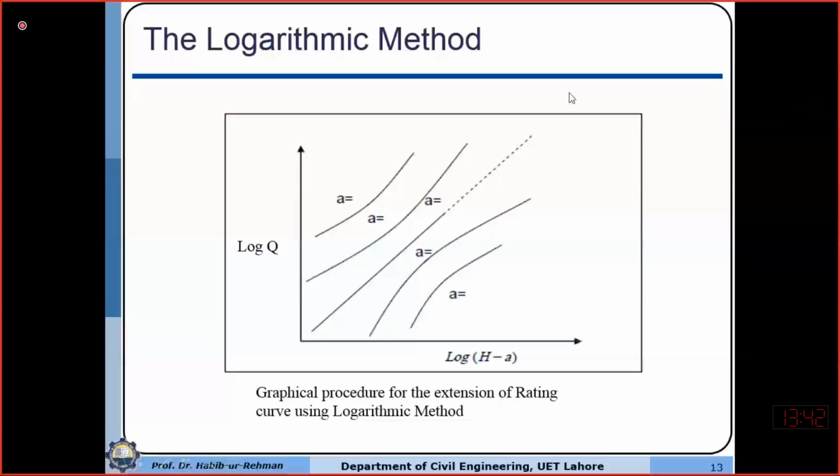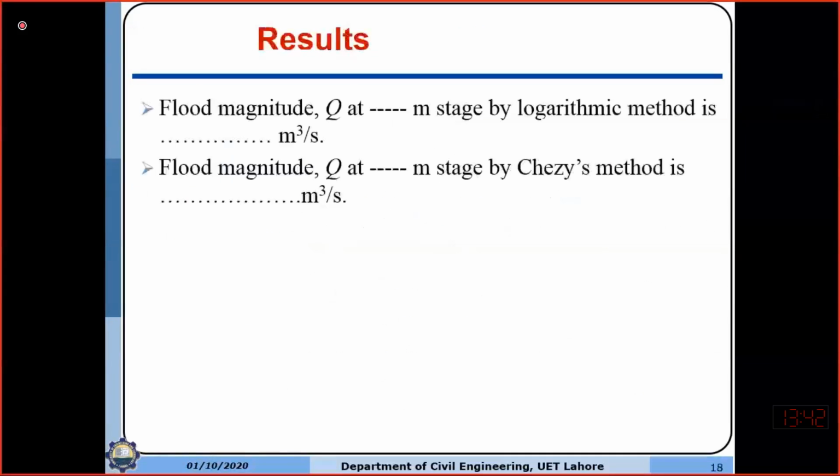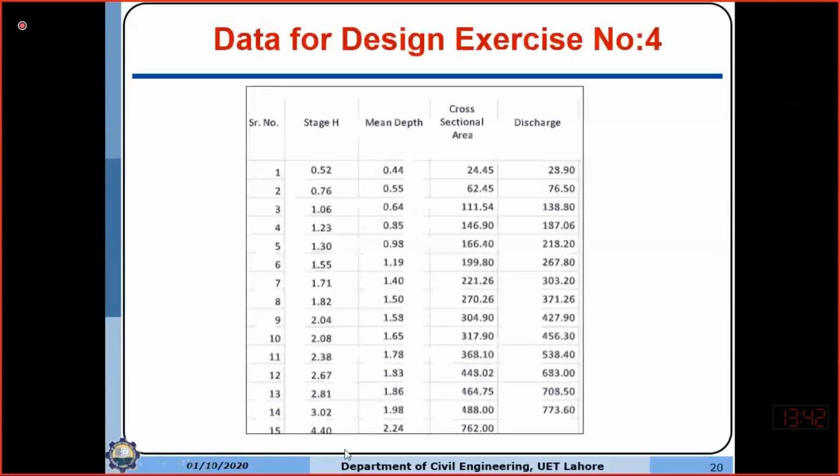Anyhow, you have to extend it up to the point for which you need to find the discharge. For the last stage in the given data, the stage of 4.4 meter, the discharge is not mentioned.